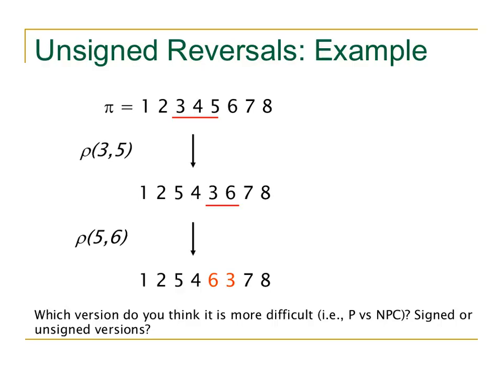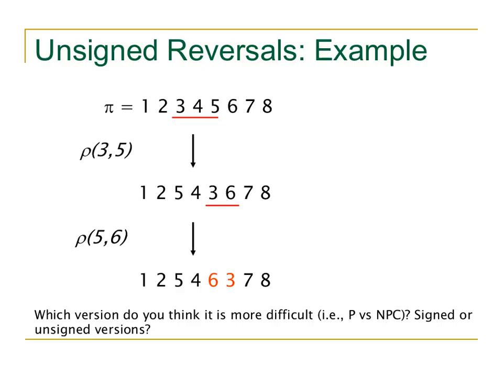First, we apply the unsigned reversal rho 3, 5, which flips the block in positions 3 through 5. 3, 4, 5 becomes 5, 4, 3, turning pi into 1, 2, 5, 4, 3, 6, 7, 8. Next, we apply rho 5, 6, swapping the elements in positions 5 and 6, flipping 3, 6 into 6, 3, and arrive at 1, 2, 5, 4, 6, 3, 7, 8.